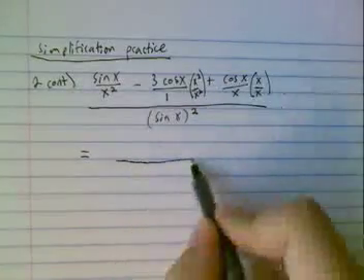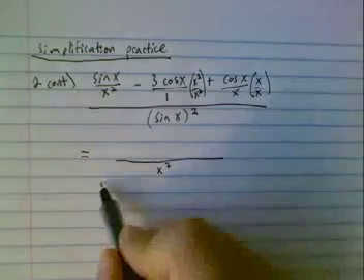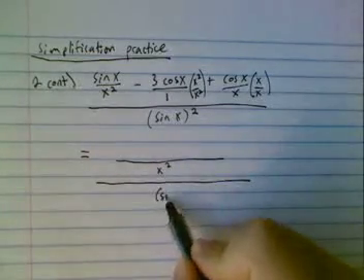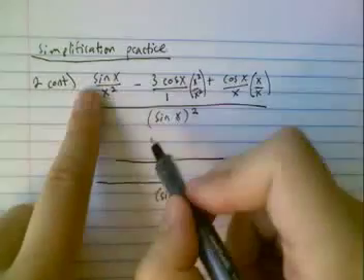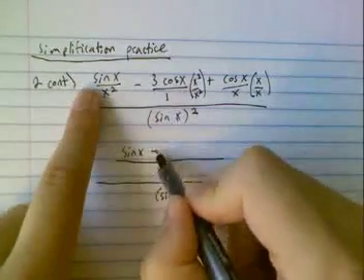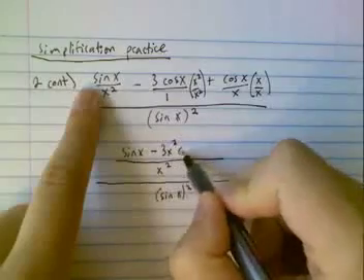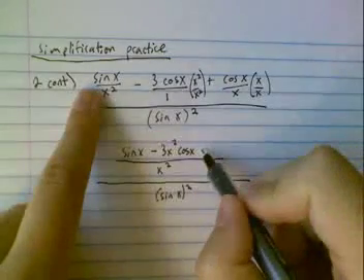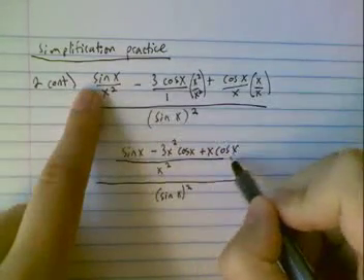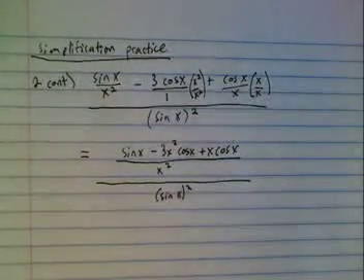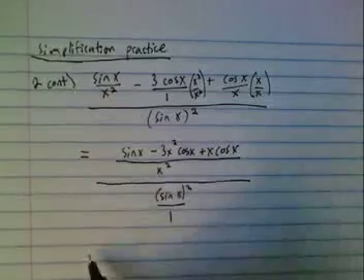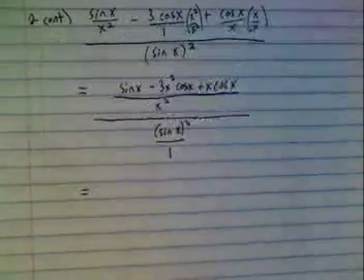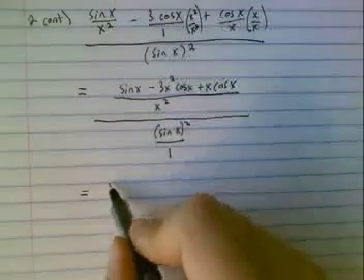Now I have in the numerator a common denominator of x squared. This is all going to be over this sine x quantity squared. And so I'm going to have sine x minus 3x squared cosine x plus x cosine x. This then is now over 1. So that means that we can turn dividing by a fraction into multiplying by the reciprocal.